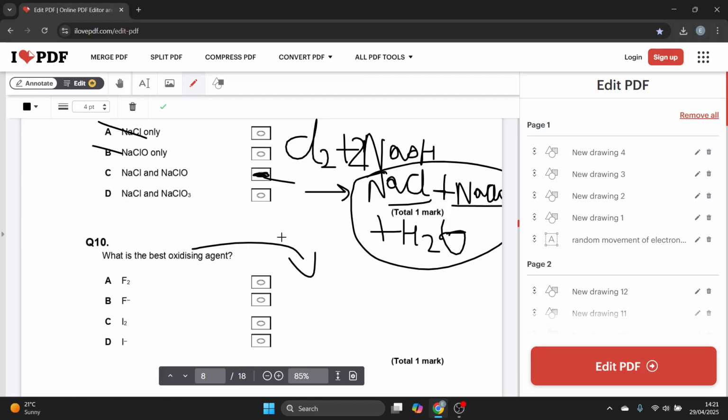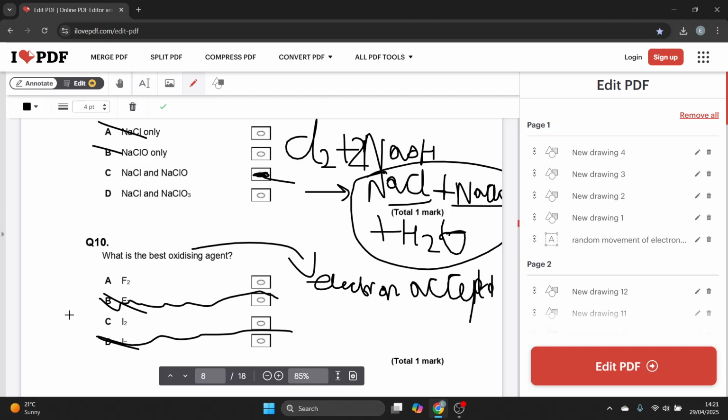An oxidizing agent is an electron acceptor. So we cross out these two because those want to donate electrons, being negatively charged. So between fluorine and iodine, therefore, it's going to be fluorine.